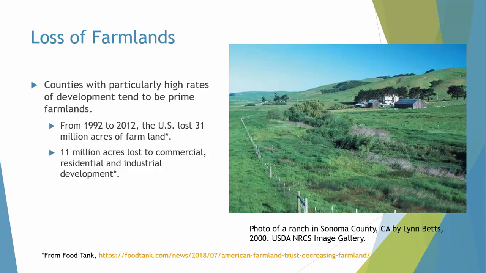And another 11 million were lost to commercial, residential, and industrial development. So that 11 million is out of the 31 million acres of farmland. So we're losing this prime farmland, and these farmlands can be habitats for wild critters in addition to being good for growing crops.